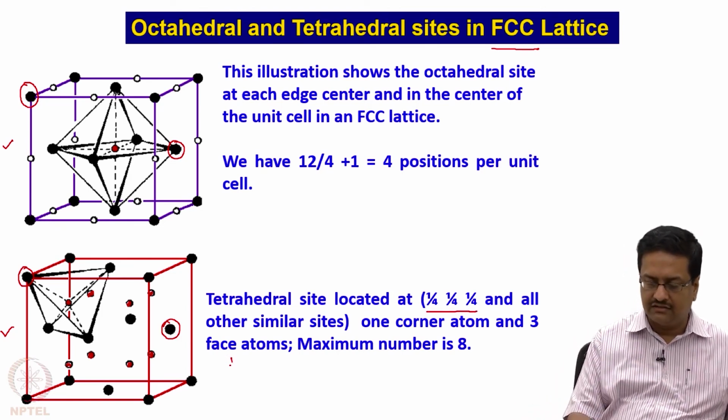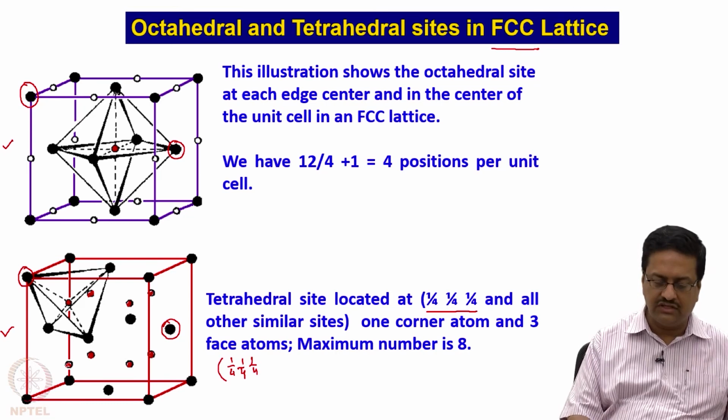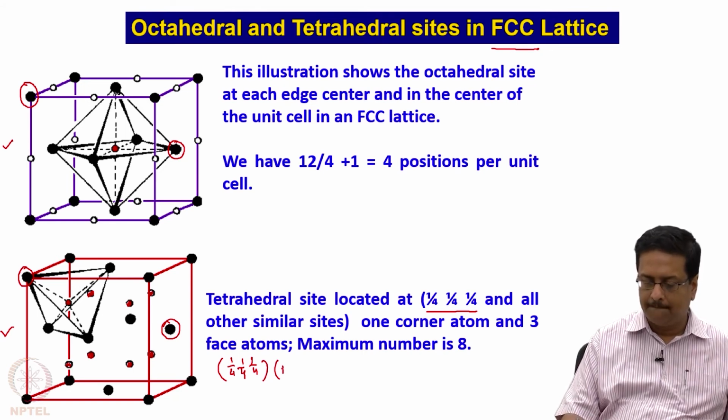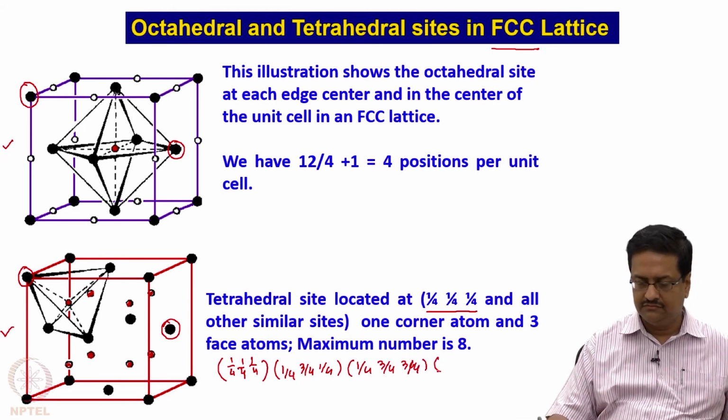These sites are 1/4, 1/4, 1/4. Suppose this one. Then you have one more which is 1/4, 3/4, 1/4, then 1/4, 3/4, 3/4, and 1/4, 1/4, 3/4.